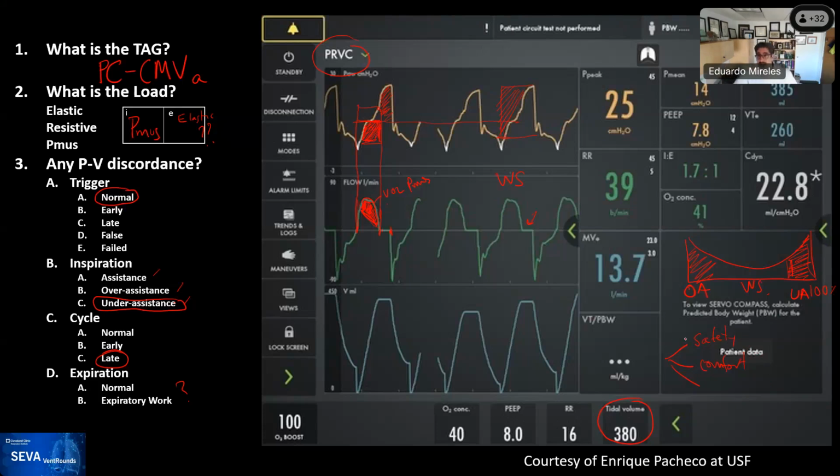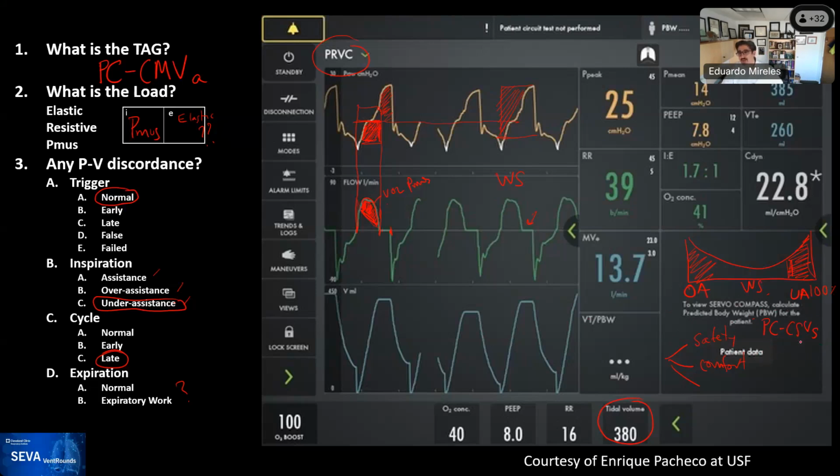Sometimes while you're trying to get there, there are temporary measures you could do, and I agree, changing the patient to PC-CMVa would give you information and calm down the situation while you figure out what needs to be done. But this method is not achieving it if you have a late cycle and severe under assistance for this patient. So very important to do that step and move from there to this.